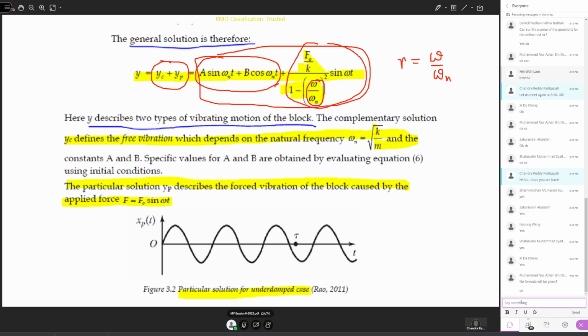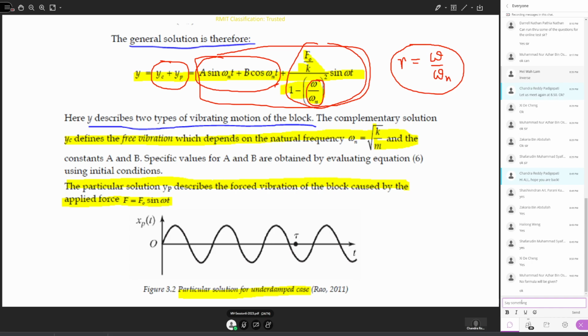When systems are acted upon by external forces, this R comes into the picture in most of the equations. Here omega refers to the excitation frequency, or the frequency of the force, and omega n is the natural frequency of the system.